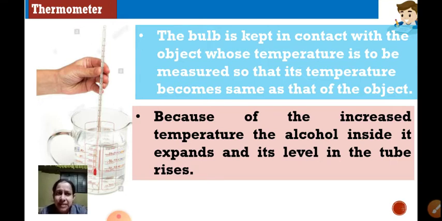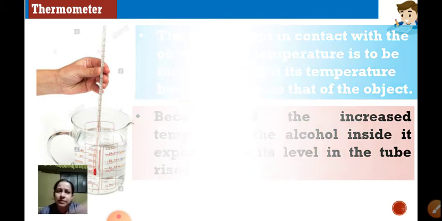Because of the increased temperature, the alcohol or the mercury inside expands, and its level in the tube rises. Somewhere it will stop. Whatever is the temperature of the substance, it will stop at that level, and that level means the temperature of that particular substance. Is that clear?